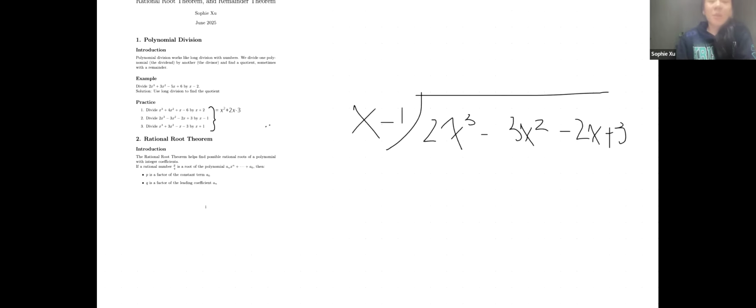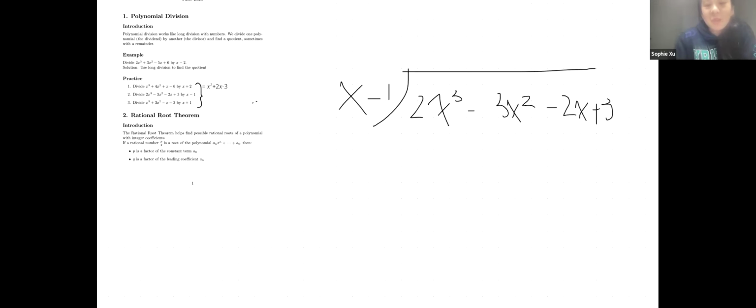Okay, so first of all, how many x minus 1's go into here? 2x squared minus 3x. Well, 2x squared, right? So 2x squared here.